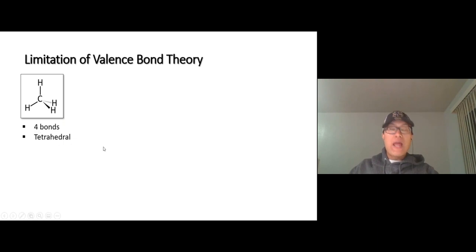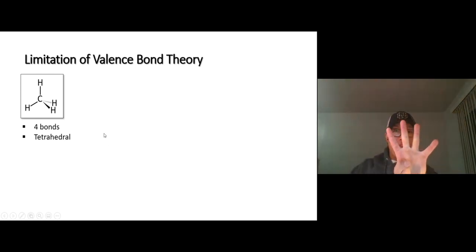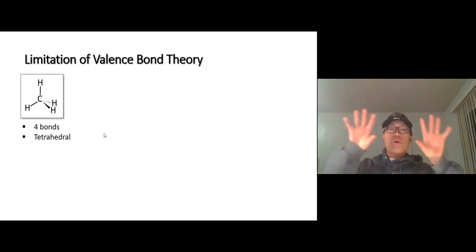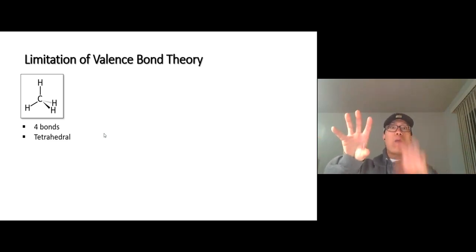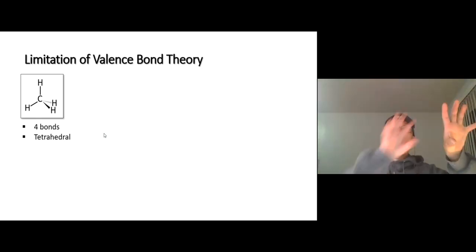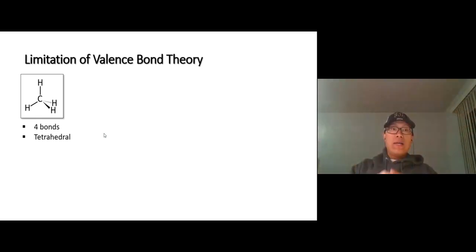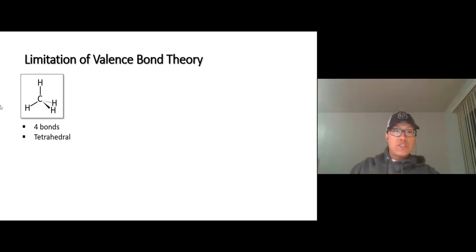Now, according to valence bond theory, if this carbon wants to form 4 bonds, how many half-filled orbitals does this carbon need to have? If you still remember, a hydrogen atom wants to form a bond, it has to put out one half-filled orbital, and another hydrogen puts out one half-filled orbital, and then they combine. This carbon wants to form 4 bonds. It needs to have 4 half-filled orbitals, one for each hydrogen.